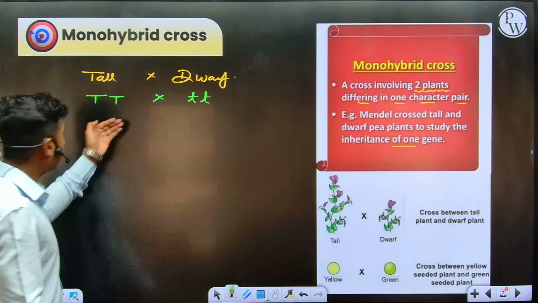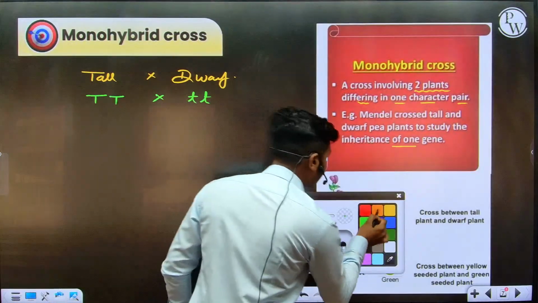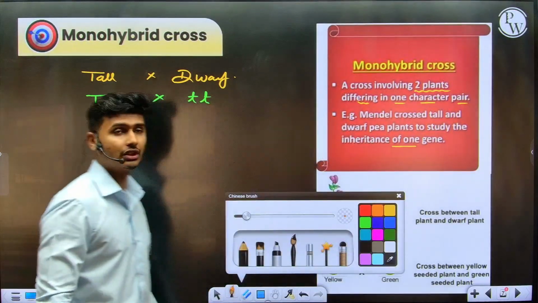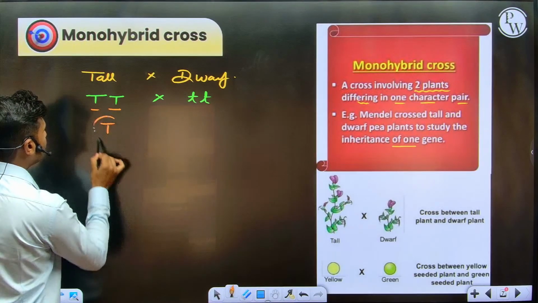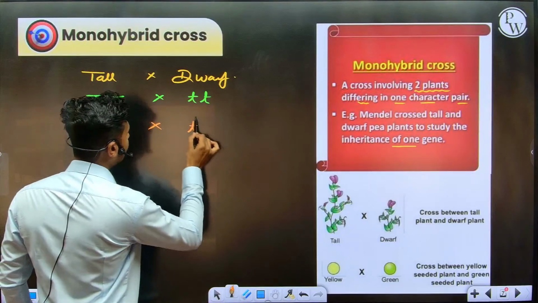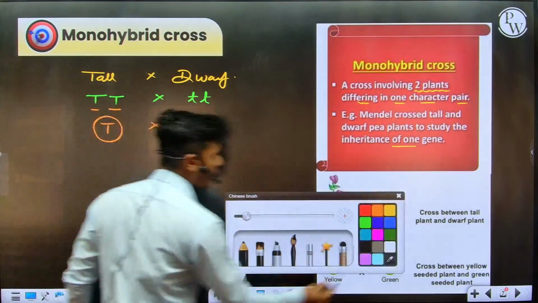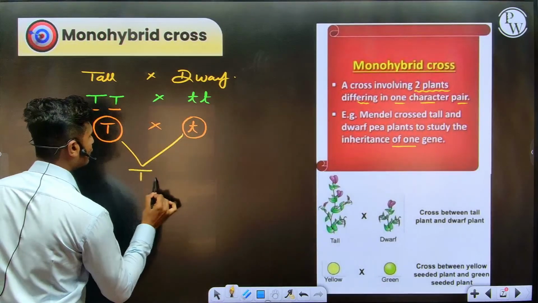Now what type of gamete is formed? Here the law of segregation is used. From capital T, since both are the same, there is only one gamete, capital T, and thus the gametes segregate. Here is a small t. Let's cross between them, capital T, small t.